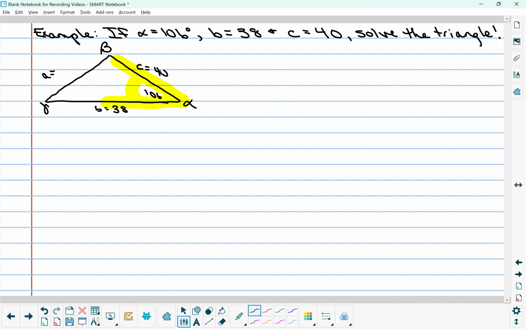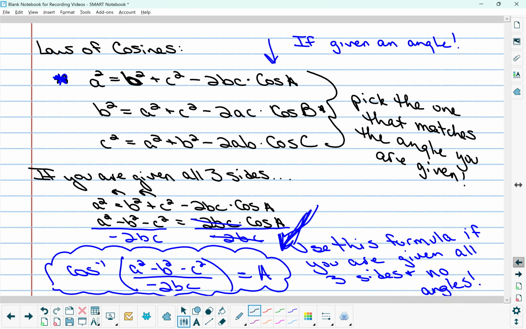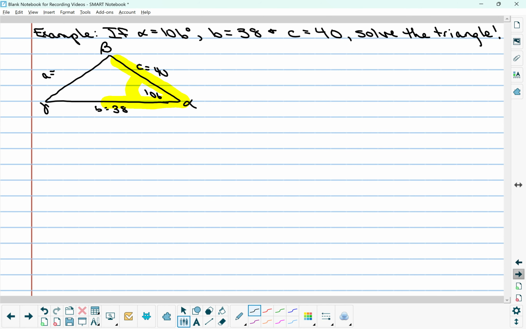And I told you to go back to this screen and pick the one to match the angle you're given. Well, we're given alpha, which is A, so we're going to use this first one here, okay? So we're going to write that down, which is A squared equals B squared plus C squared minus 2BC times the cosine of A or alpha.